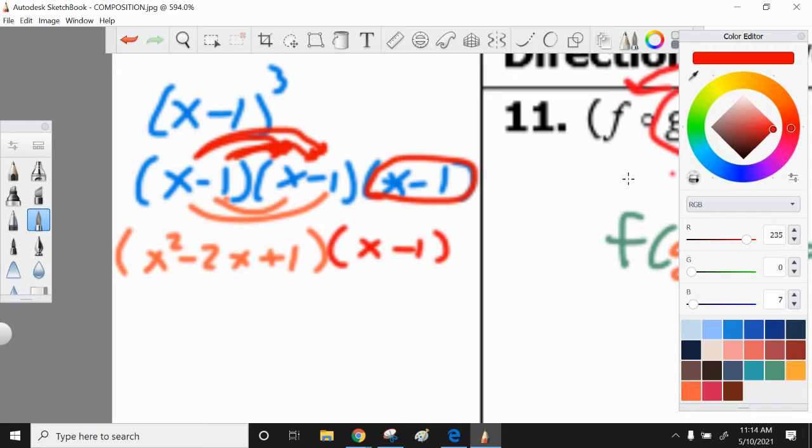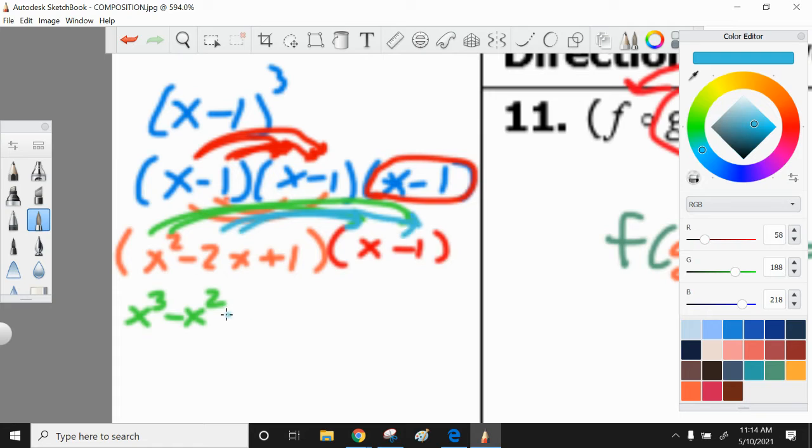And now I need to do another foiling. So now I need to do a triple times a double, which means take the first one times them both. X cubed minus x squared. The second one times them both. That would be negative 2x squared plus 2x.